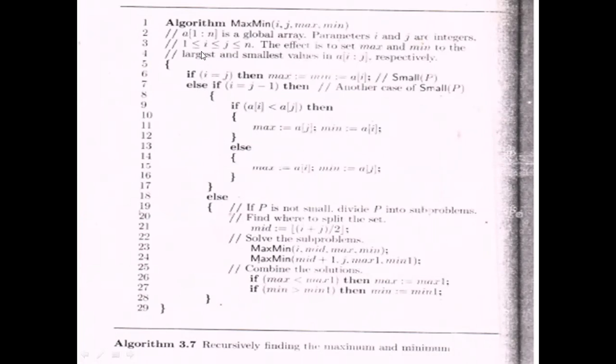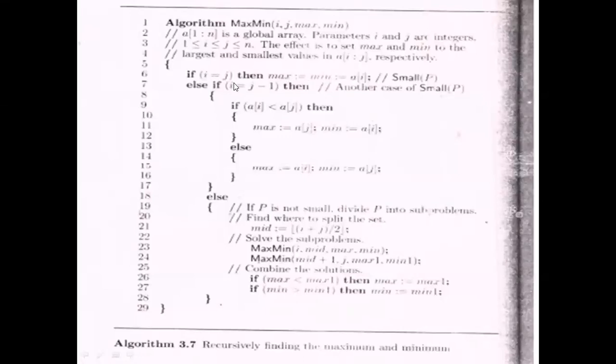Before applying divide and conquer, first find the number of elements present in the array. Suppose the array has only one element, by checking the condition i equal to j. If i equals j, the array has a single element, so the maximum value and minimum value are the same value.